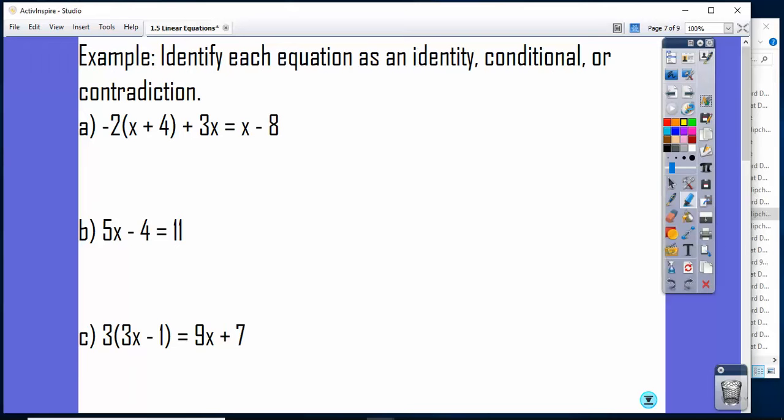To do that, we're just going to solve them like normal. So the first equation, we begin by distributing. So negative 2x minus 8 plus 3x equals x minus 8.